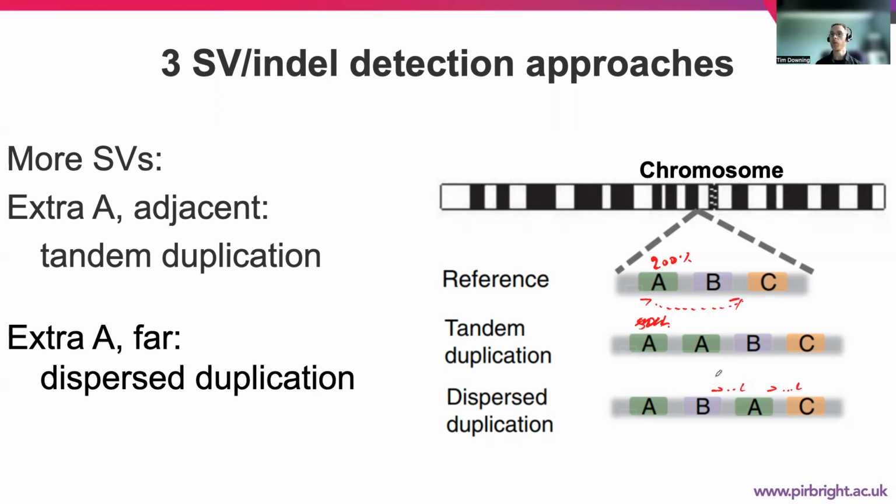And then we'll have unpaired reads, or paired reads that map from the end of A all the way to the start of C. So again, that would indicate a dispersed duplication.